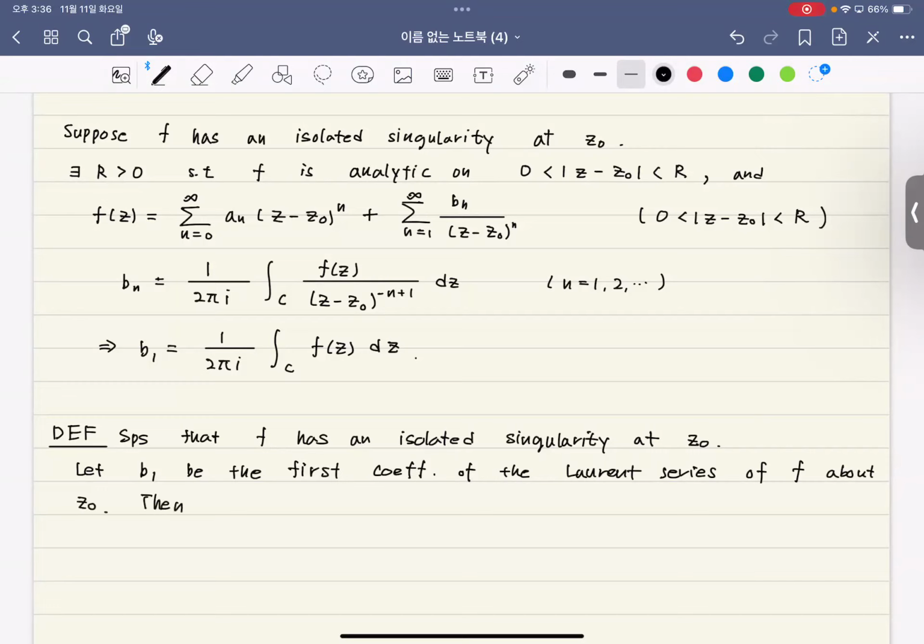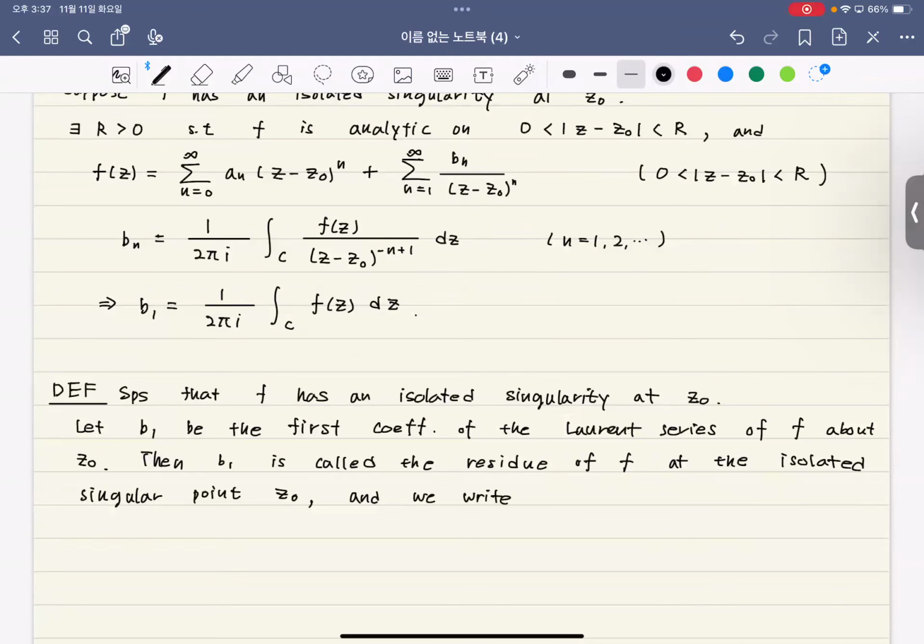Then b1 is called the residue of f at the isolated singularity, and this is our notation.